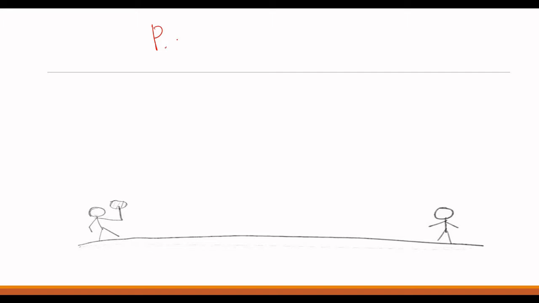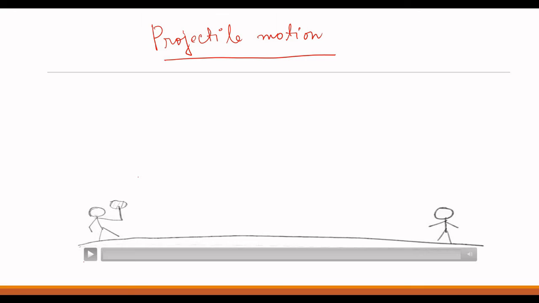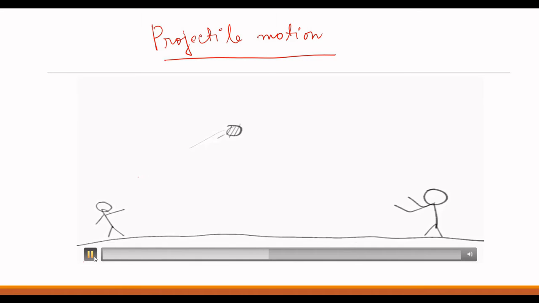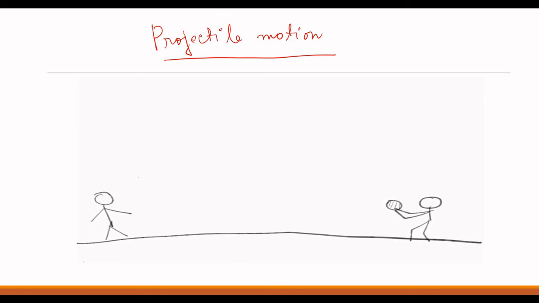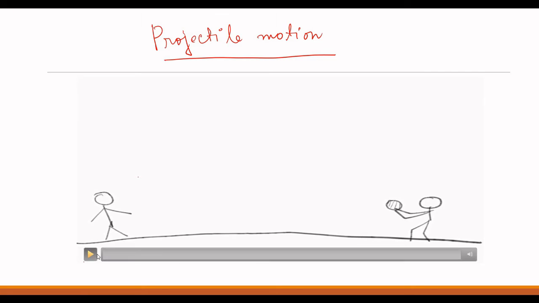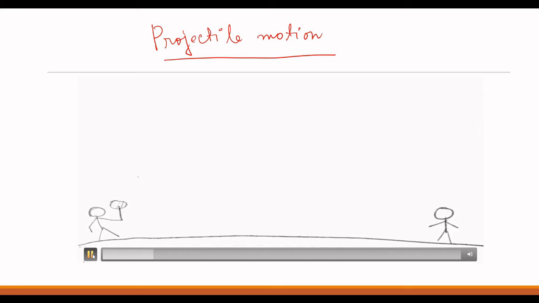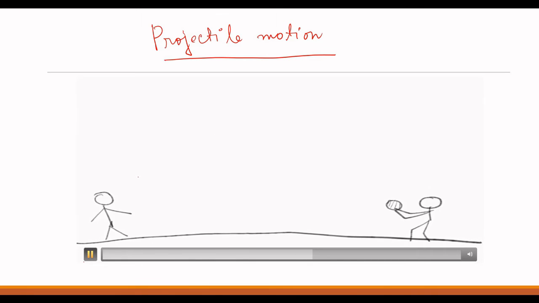Next you will see an example of a special kind of motion, that is projectile motion. For projectile motion we will make another short video that will be very helpful for all the equations related to projectile motion. In this video we can see that one is throwing a stone and another is catching that stone, and the path the stone is traversing is a curve.